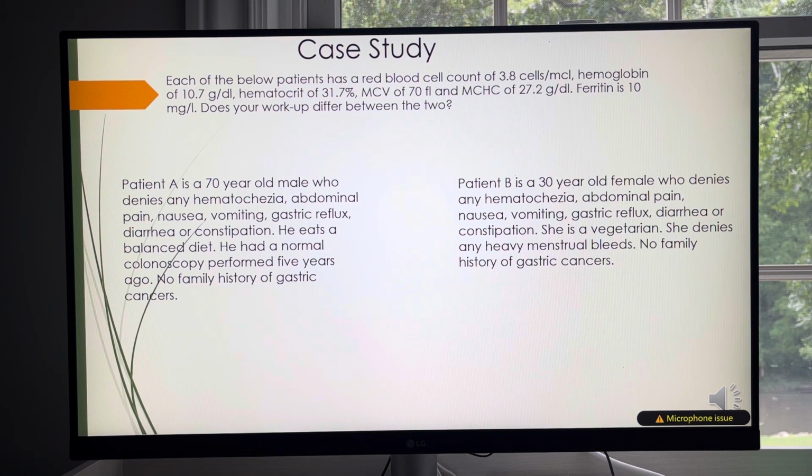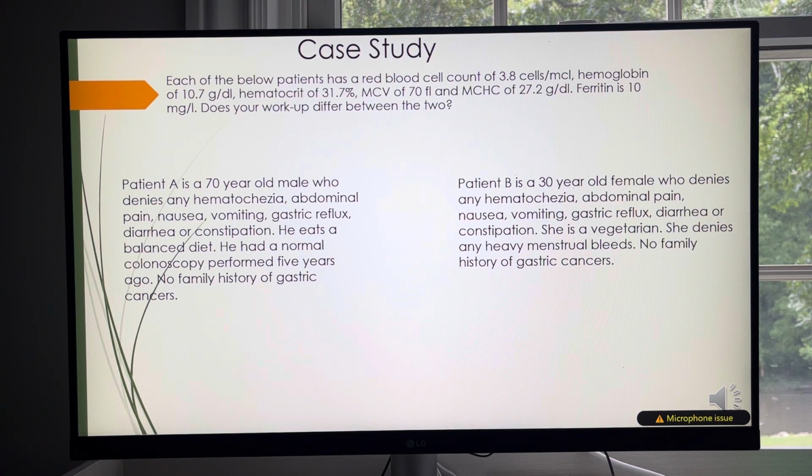Normal hematocrit for a man is 41 to 50%, for a woman is 36 to 44%. Normal MCV is 80 to 100, and normal MCHC is 32 to 36. Both patients have iron deficiency anemia because they have microcytic hypochromic anemia and the ferritin is less than 15.